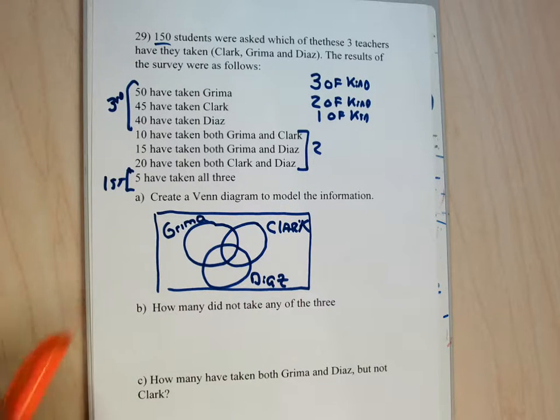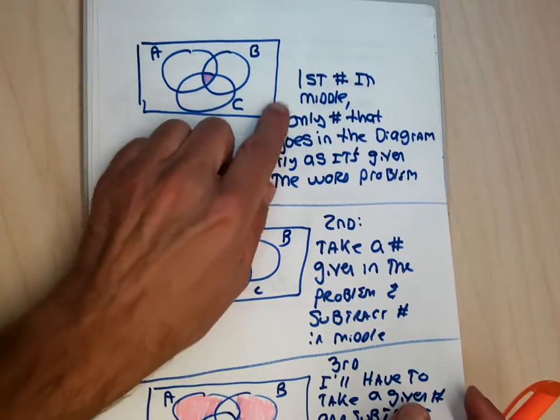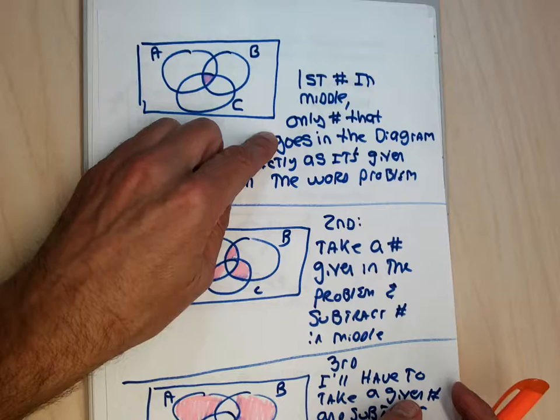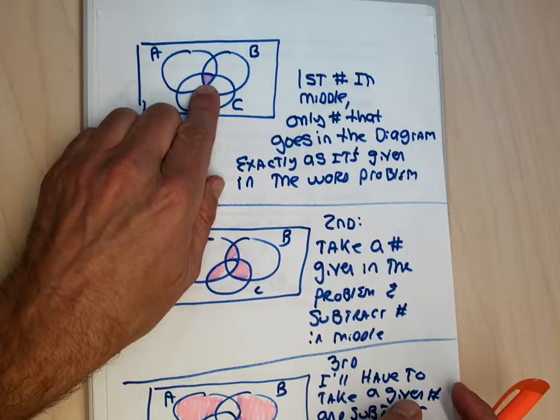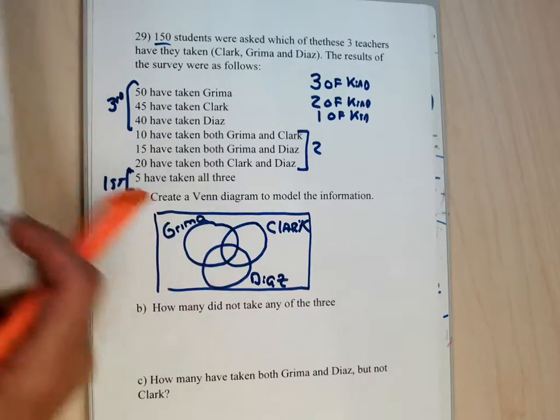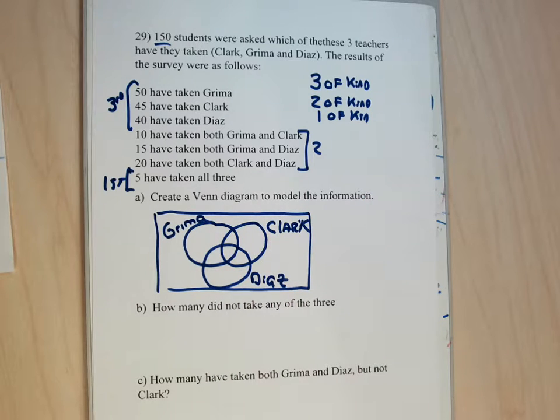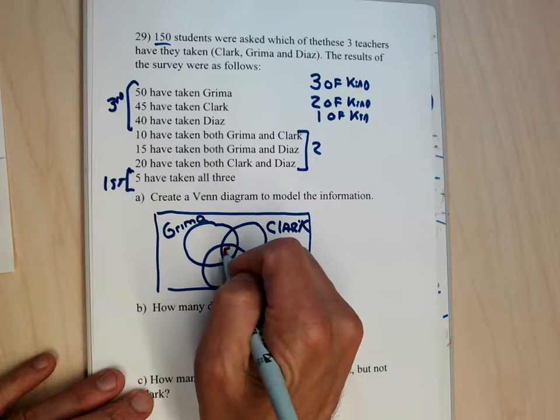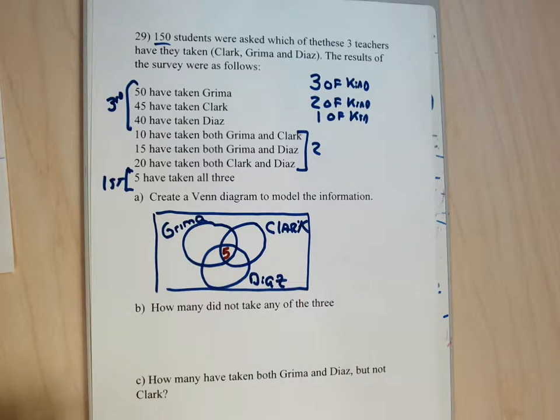The first number that I put in is the only number that goes in without subtracting, and it's going to be the number of students that have taken all 3 of the instructors. That is going to be these 5. So right dead center, I'm going to put the number 5 for the students who have taken all 3.